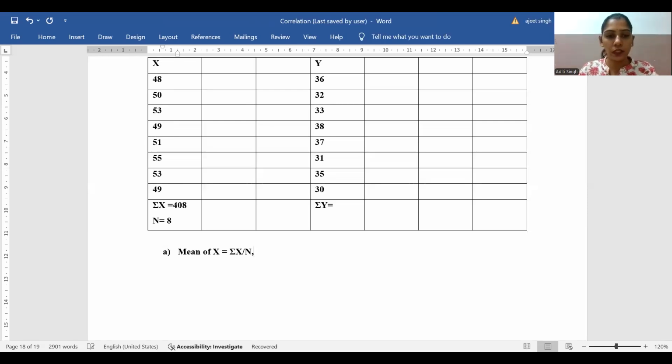Mean is basically 408 divided by 8, so the answer is 51. Mean of x is equal to 51.